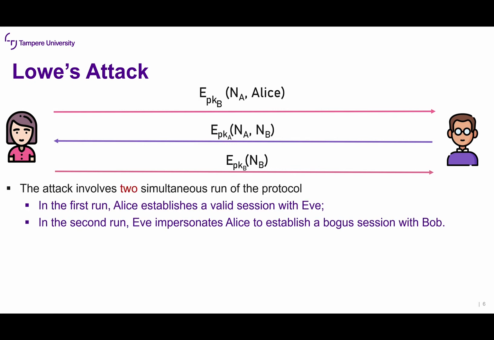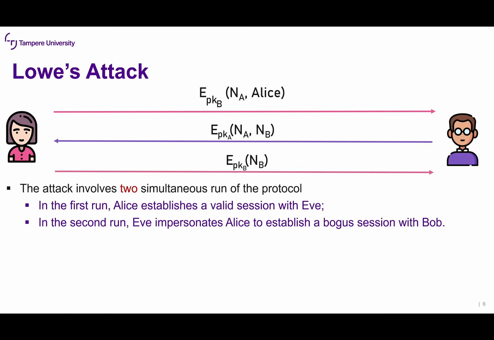So the attack involves two simultaneous runs of the protocol. Again, take some time to think about what I just said. Two simultaneous runs of the protocol, right? Unlike the protocol that we described in the previous video, here we require that Eve, our malicious adversary, will run two simultaneous runs of the protocol in parallel.